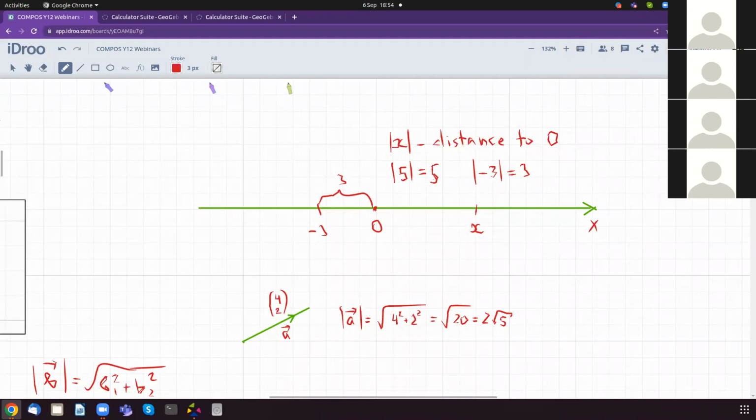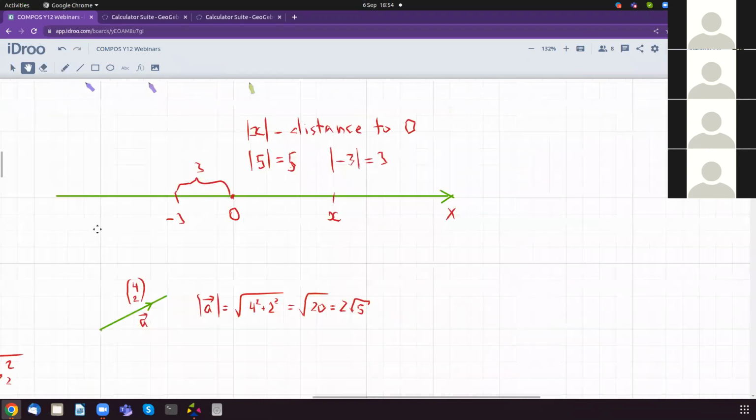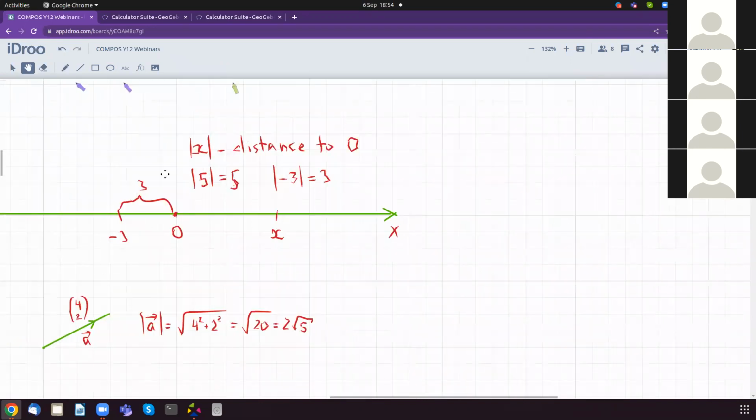You're not squaring a column. So sorry, let me finish with the vectors. Now, if you have a vector drawn from 0, you get the distance from 0 to that point, and that's the length of the vector.